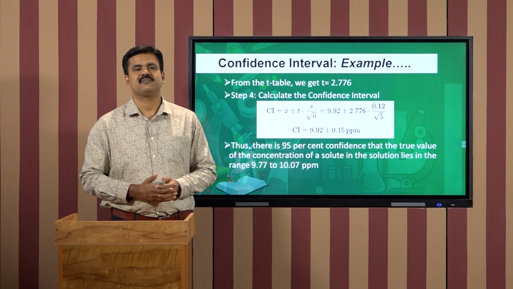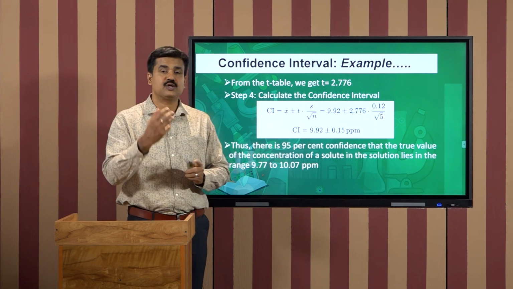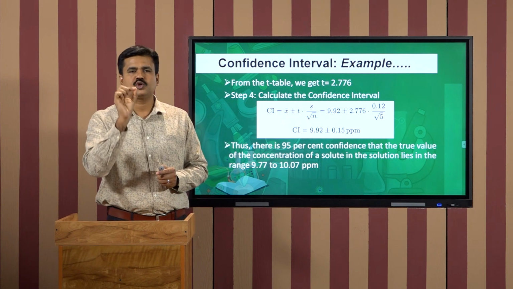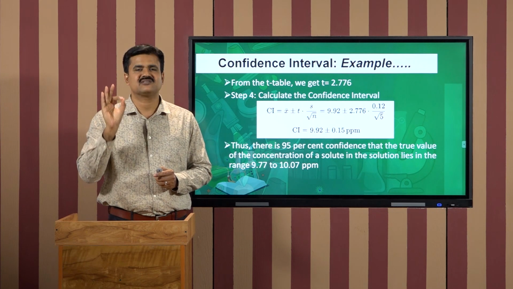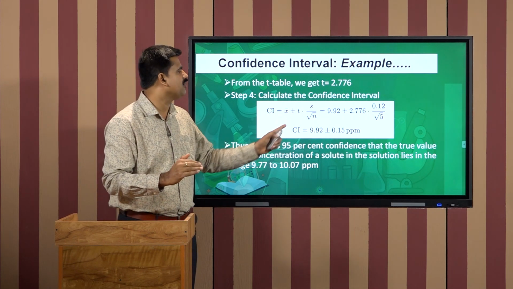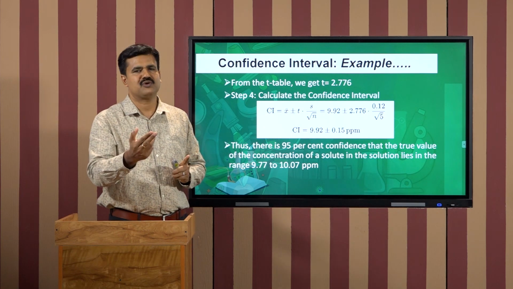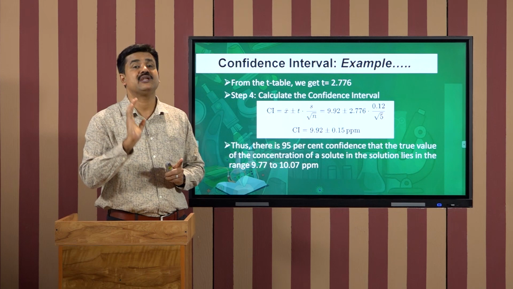Now, we have to interpret this result. Thus, there is 95% confidence that the true value of the concentration of a solute in the solution lies in the range of 9.92 plus 0.15 and 9.92 minus 0.15.